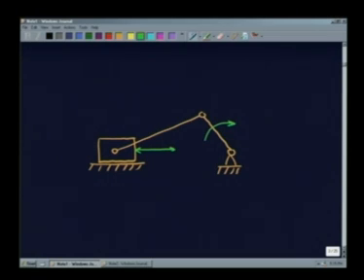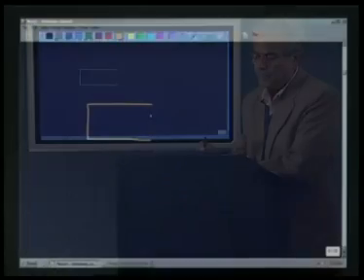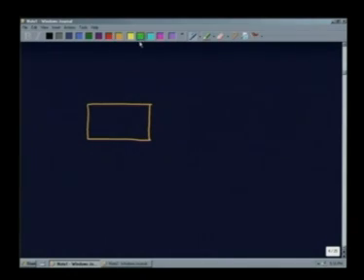Now, the simplest of all these will be the case of translation. It is a rigid body where each point has exactly the same displacement, same velocity, same acceleration.